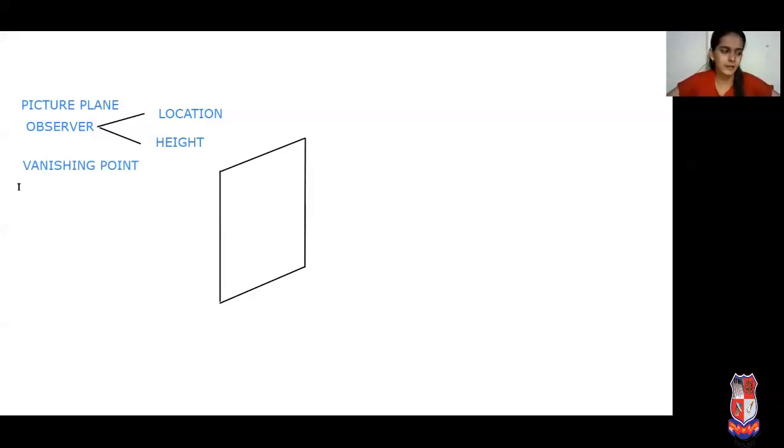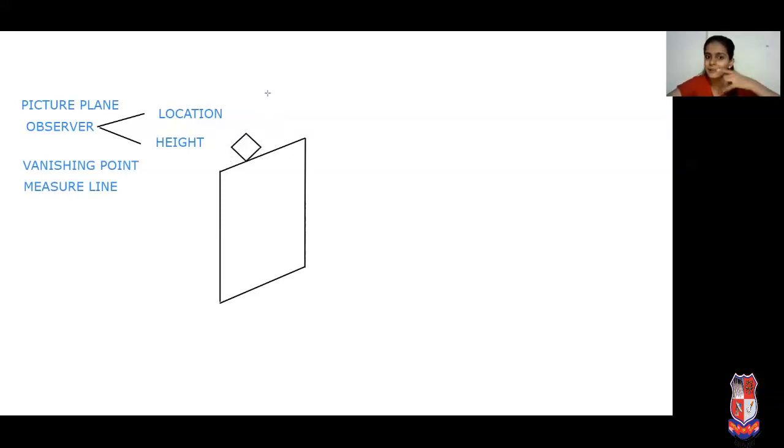Now consider another thing, that is measure line. In this, consider that any object is touching our picture plane. Suppose I am drawing a square here and it is touching the picture plane.